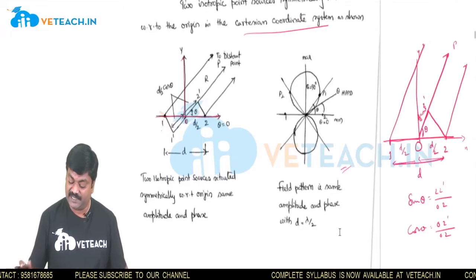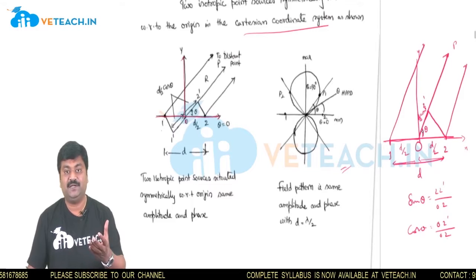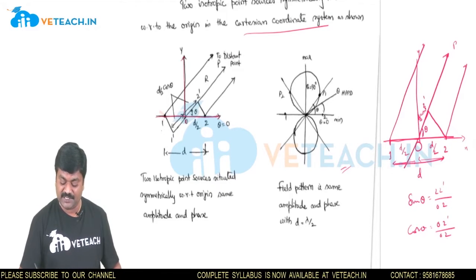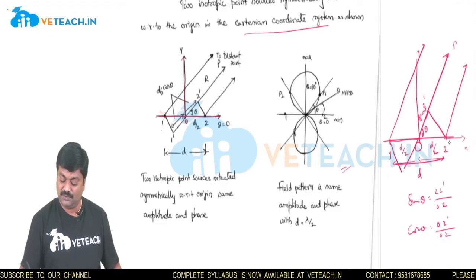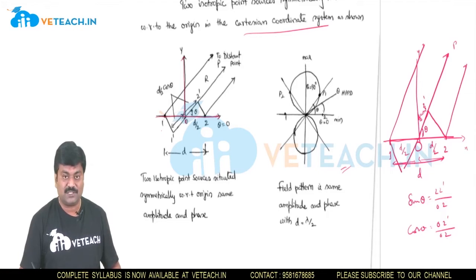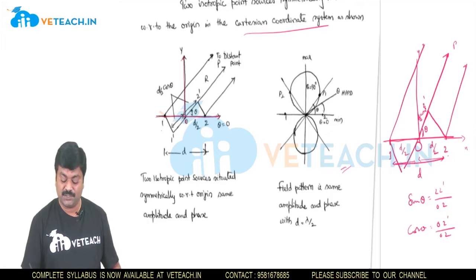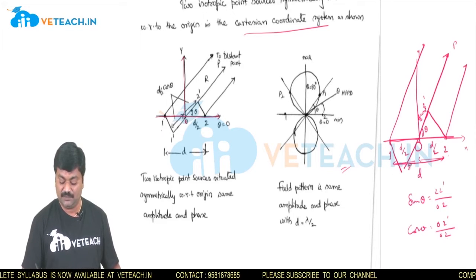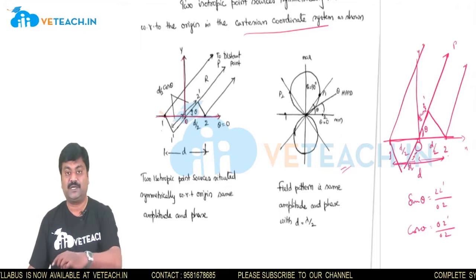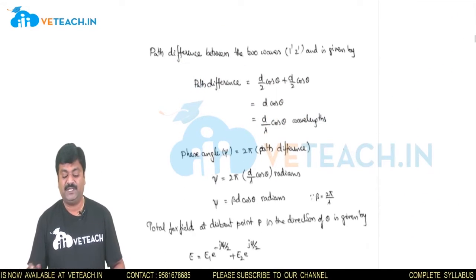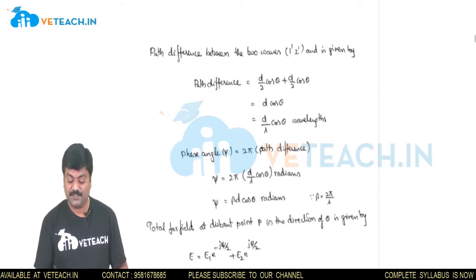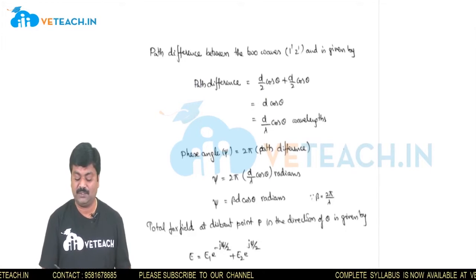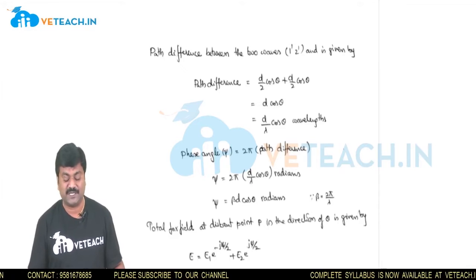Why d by 2 is taken is that as we calculate the distance from the origin to the point source, the same distance needs to be considered. So as it is d by 2 cos theta with reference to the second source, I will have another d by 2 cos theta with reference to the first source. So grouping together will give me the actual path difference. So I will have d cos theta. In terms of wavelength, that is d by lambda cos theta.